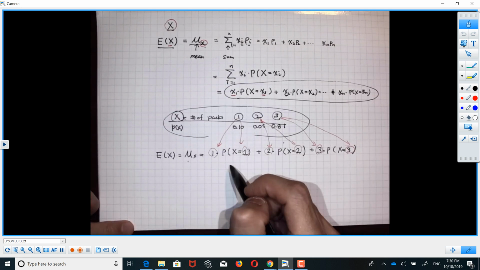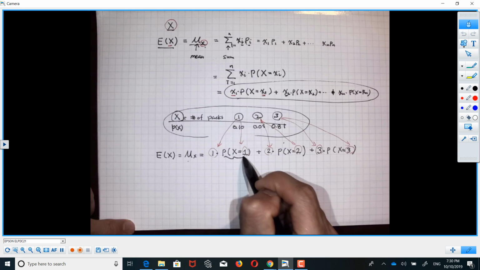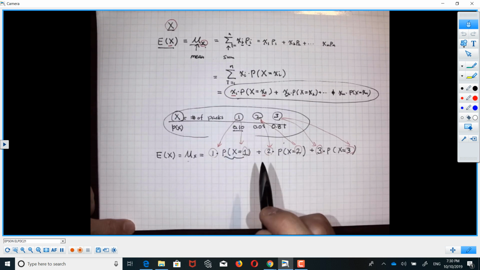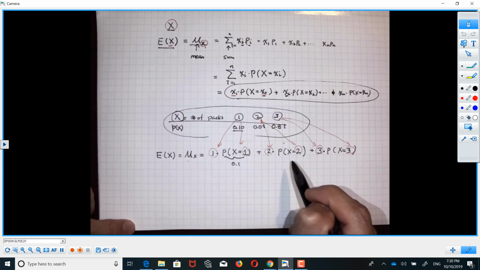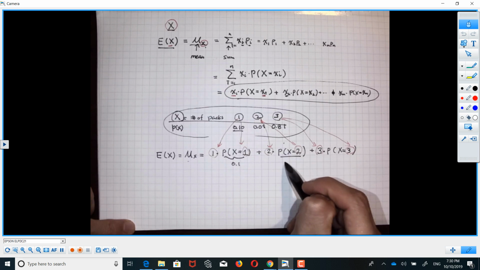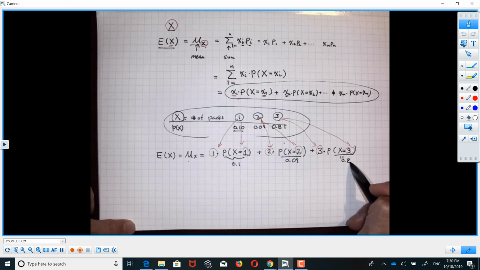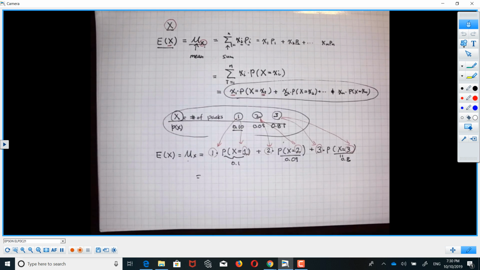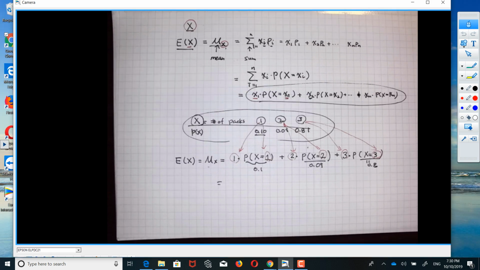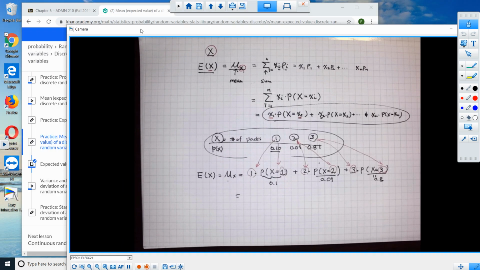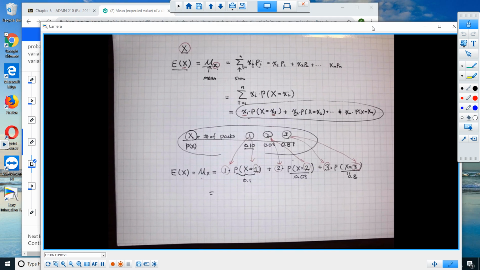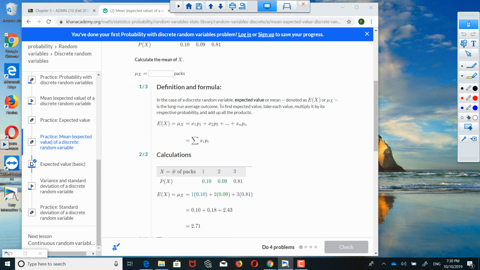If you calculate this, the probability that x is 1 is 0.10, so 0.1, the probability of x being 2 is 0.09, and this one is 0.81. So we can calculate this, and the answer is 2.71.